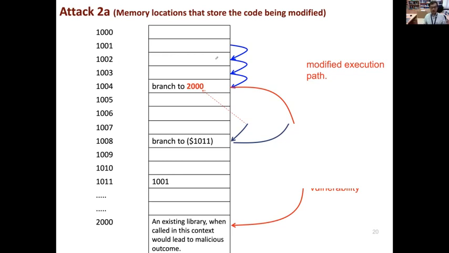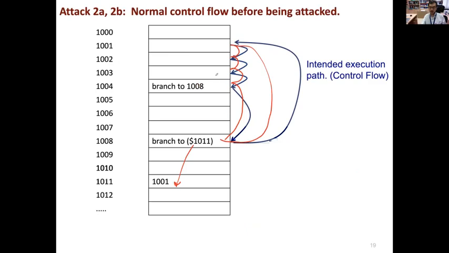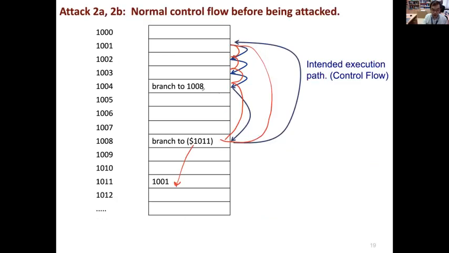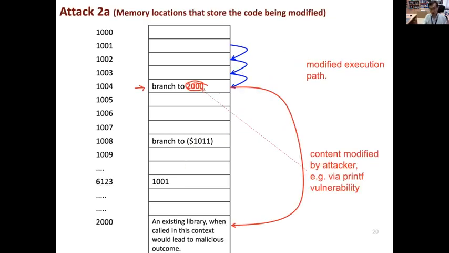In the first case, the attacker modifies this part. Under normal circumstances it is as shown, but somehow the attacker is able to modify this memory location, 1004, which originally is 1008, and change it to 2000.